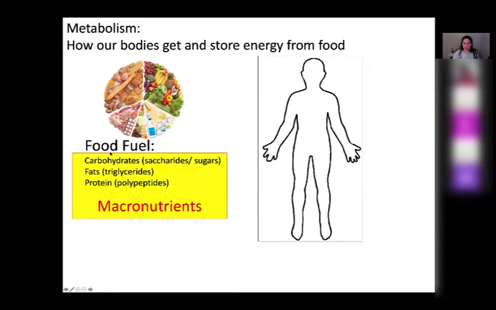Carbohydrates are just polymers of sugar molecules or monosaccharides. Fats are a condensation of glycerol and fatty acids, and proteins are polymers of amino acids. So when I say these words, you want to try to get yourself to think about what the structures of those molecules look like. Those are our macronutrients.